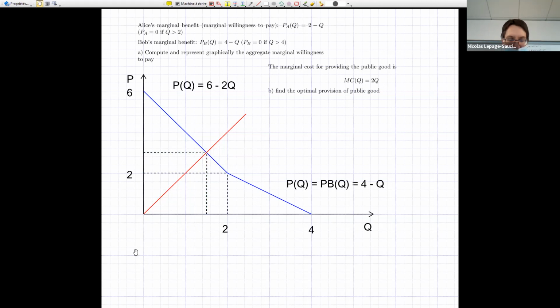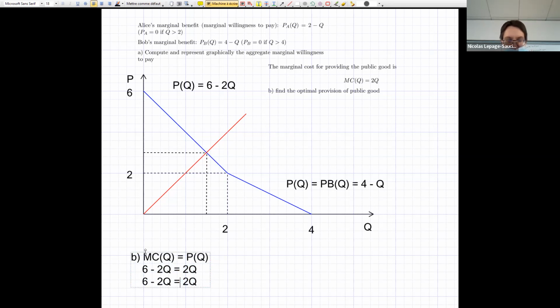So this is B. What we do is MC of Q equals 6 minus 2Q, just equals P of Q. Oh, so maybe I'm wrong in some way in my drawing.